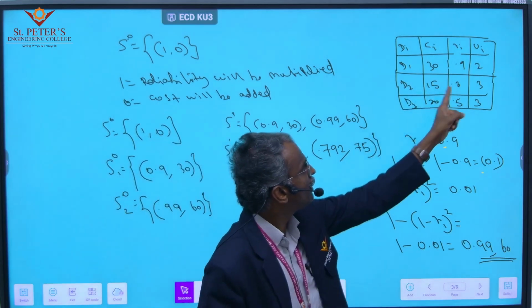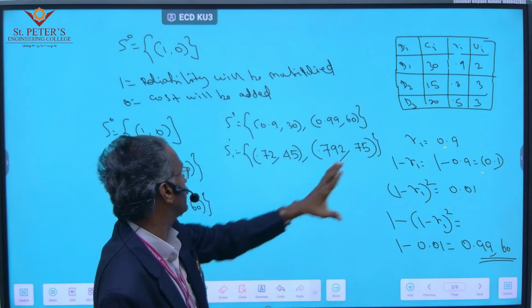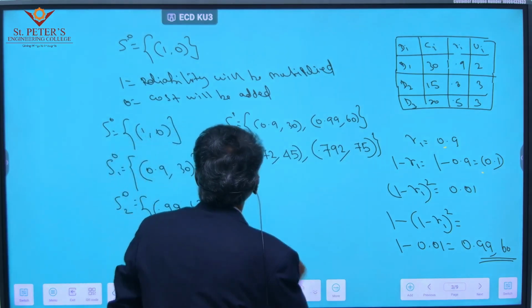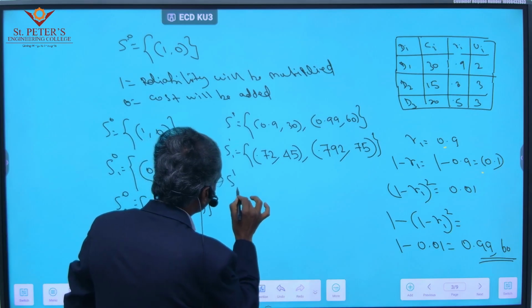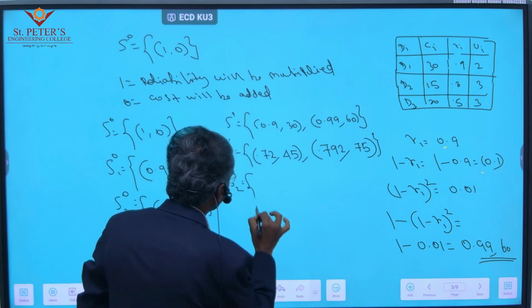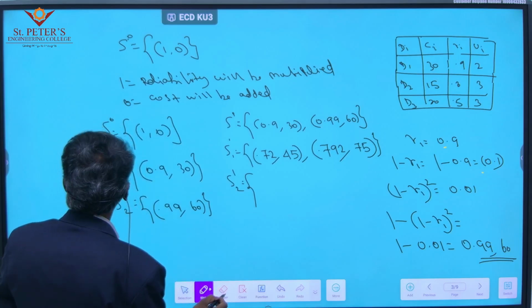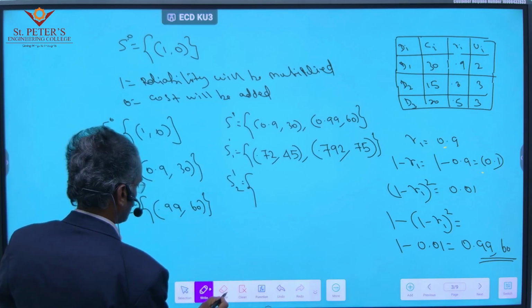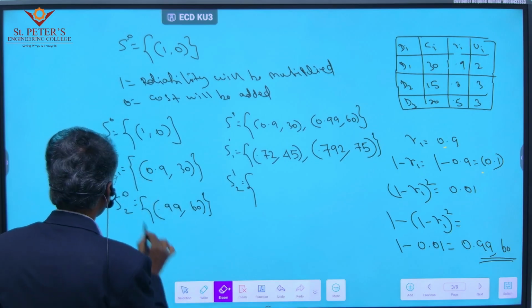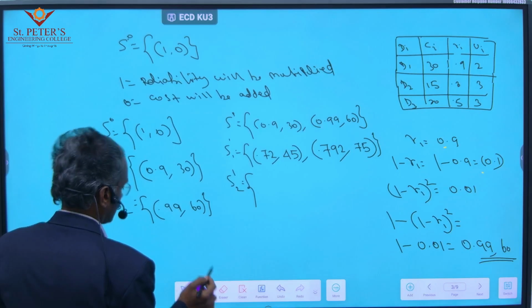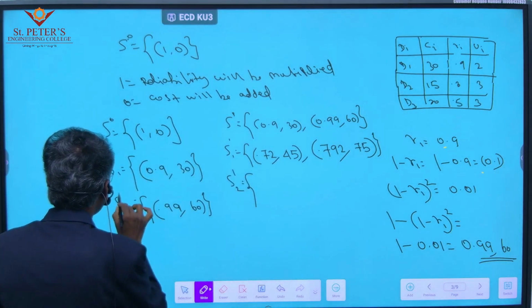For 1 copy, the reliability we multiplied and the cost we added. Then this has to be S1, S2.